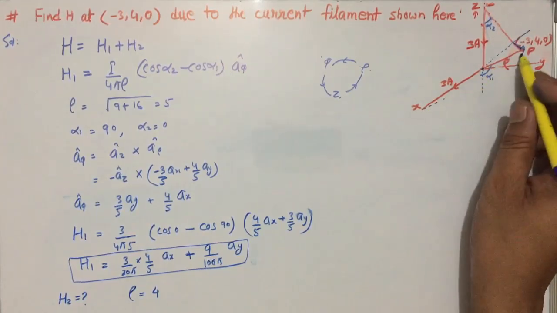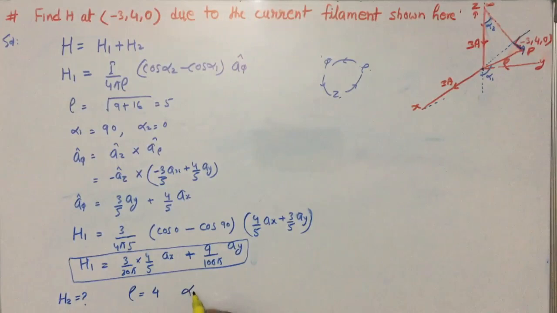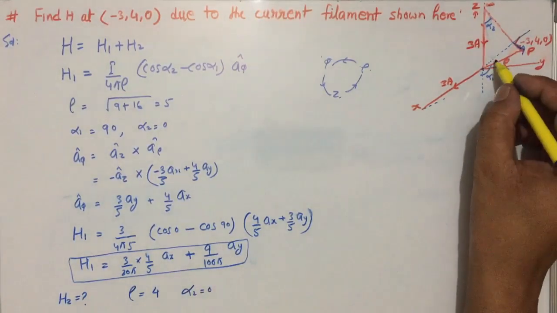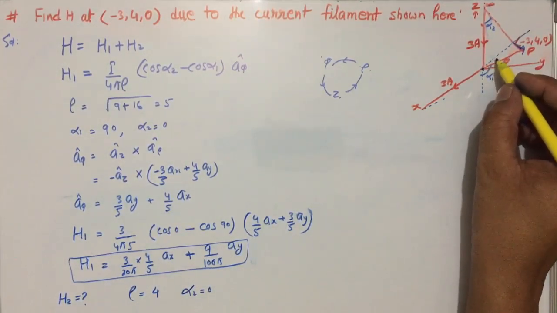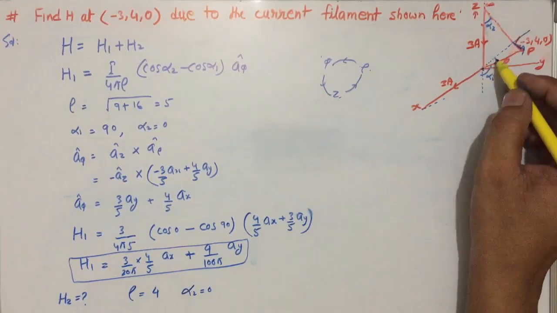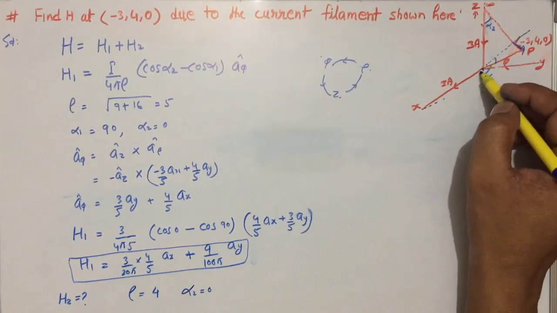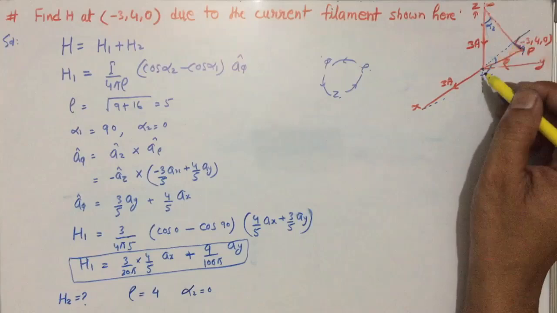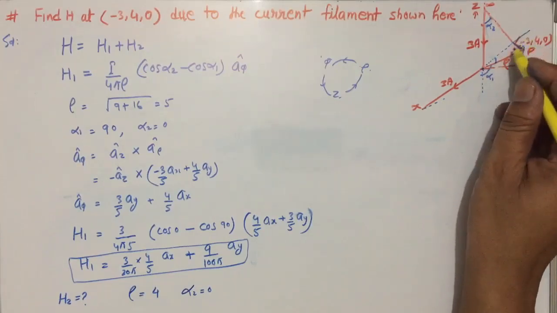So alpha 2 will be 0, and this will be alpha 1, because that is the angle from the z axis, means the axis. So this is the axis for this point.